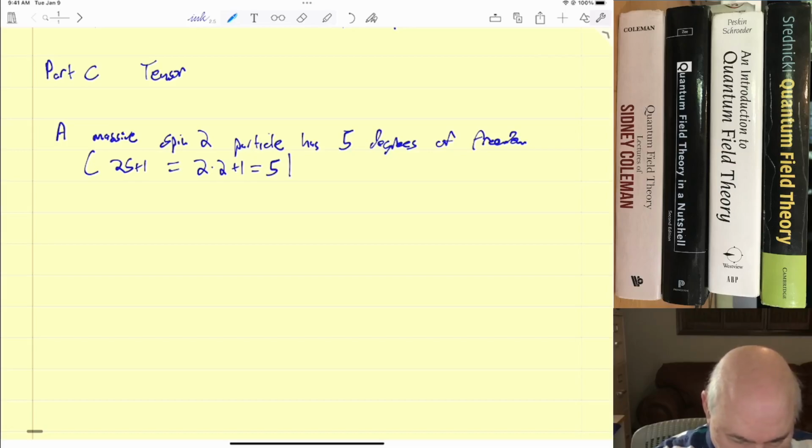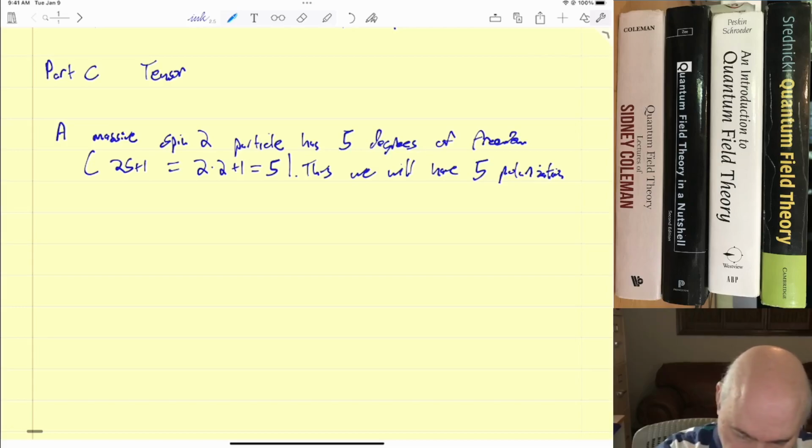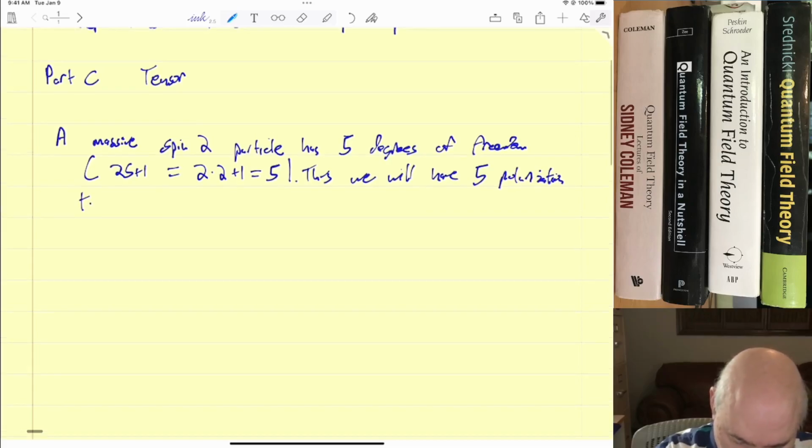Thus we will have 5 polarization tensors, and they're going to have 2 indices now on each tensor. And A goes from 1 up to 5.